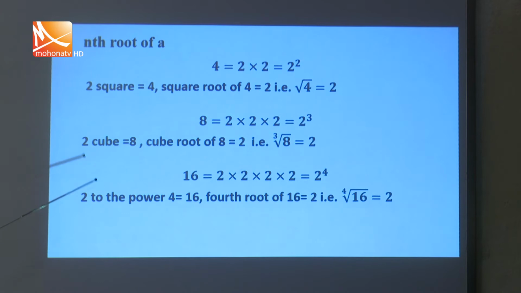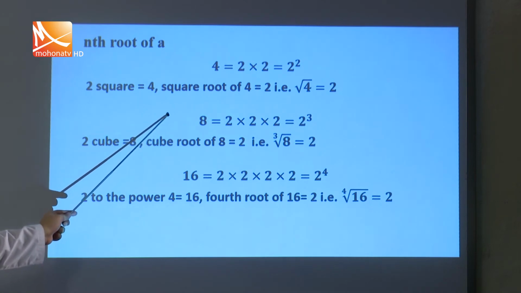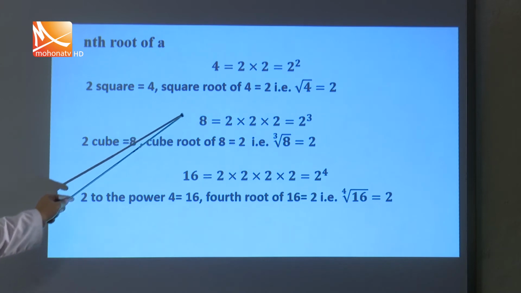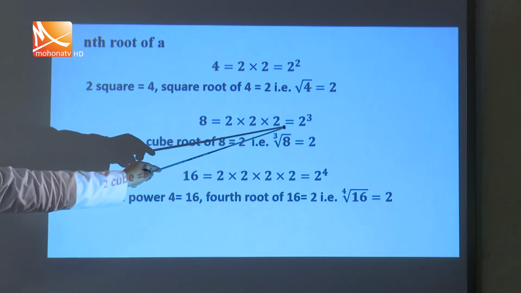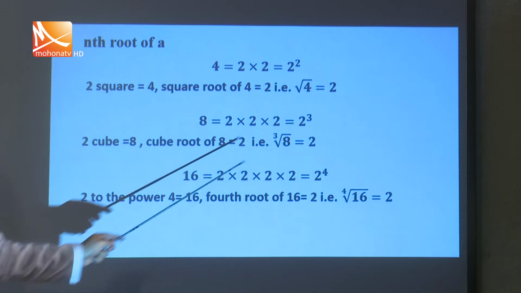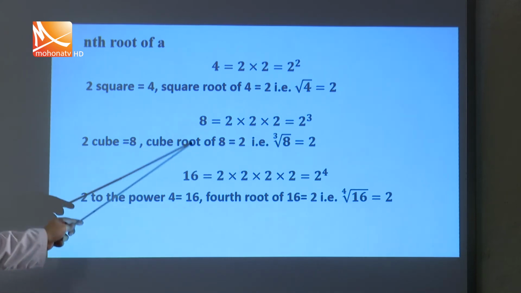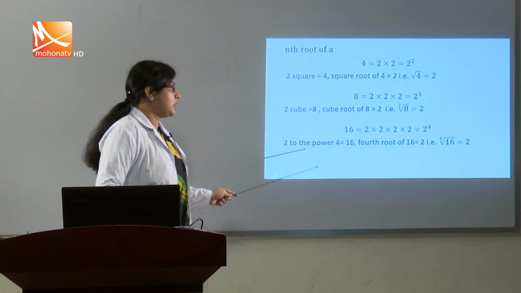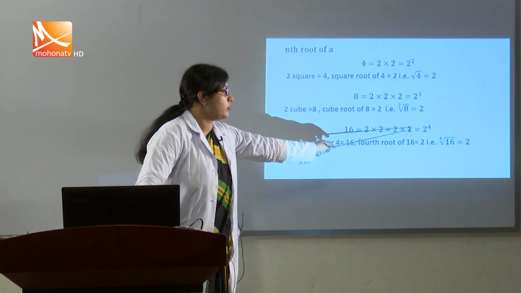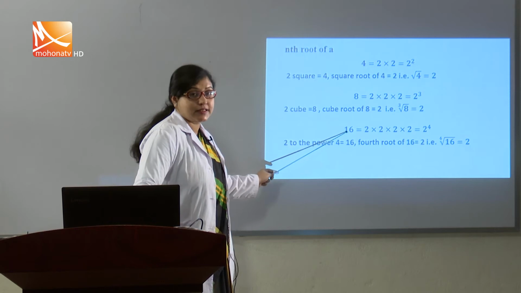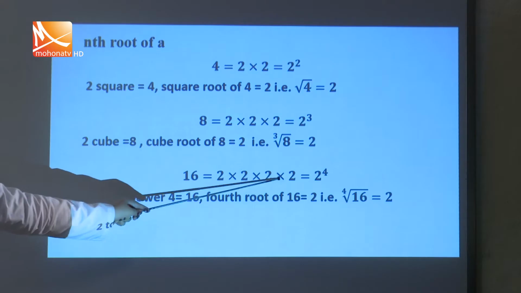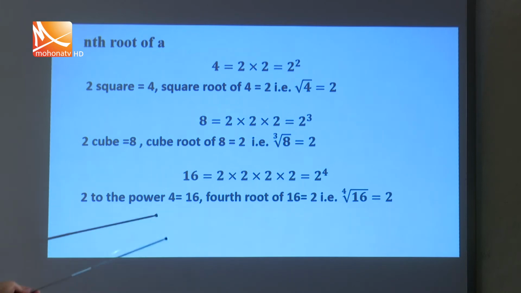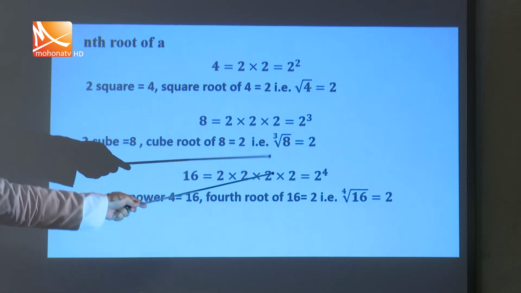And then we have 2^3 equal to 8, that means if you multiply 2 three times, it will give you 8, and to get back 2, the original one, you have to take the cube root of this 8, that is the cube root of 8 equals 2. Similarly, see, we have 2^4, it gives us 16. So, if you want to get back the original one, that is 2, you have to take the 4th root of 16, and we will get 2.